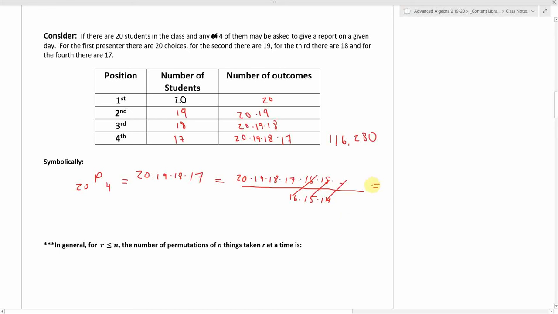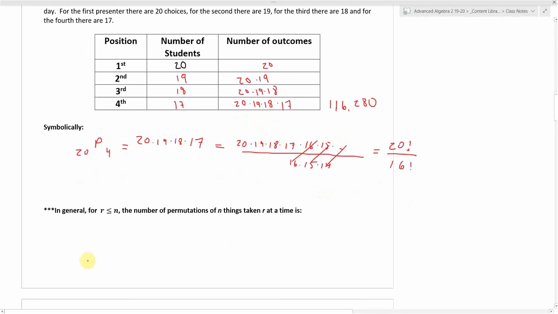If I thought of it that way, then the numerator was really 20 factorial, 20 multiplied all the way down to 1, divided by, in the denominator, 16 factorial. So I really could think of 20 times 19 times 18 times 17 as 20 factorial divided by 16 factorial.